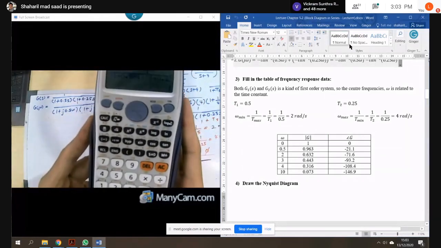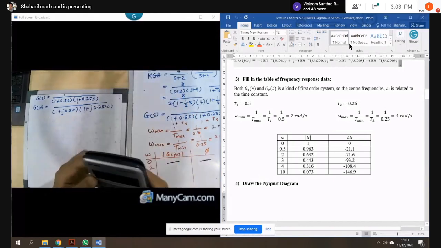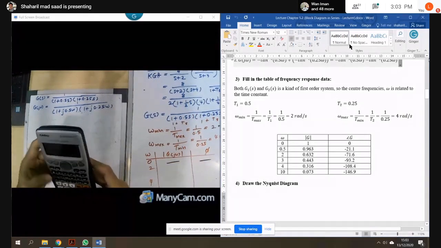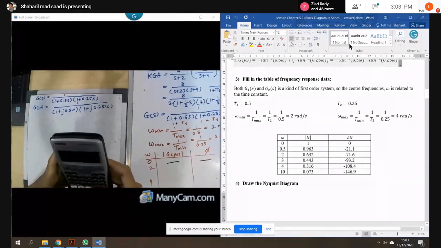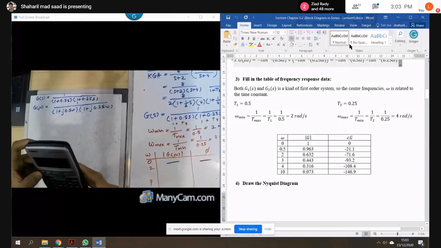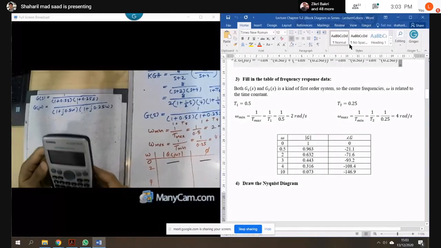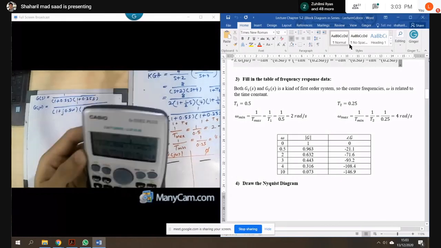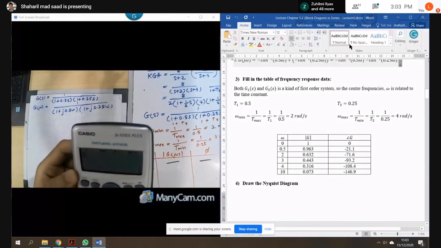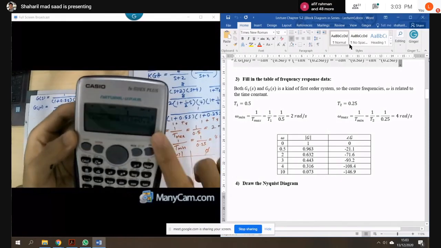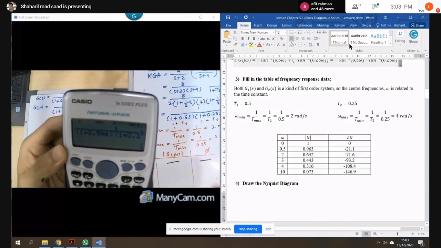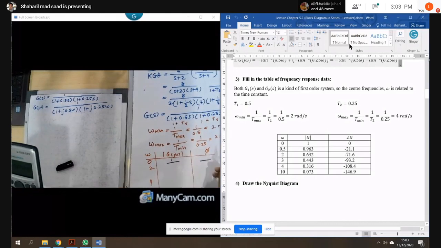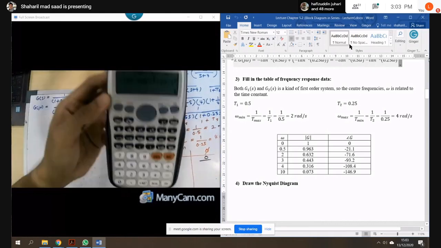That means when you put 0, the magnitude is 1, and the angle is 0.